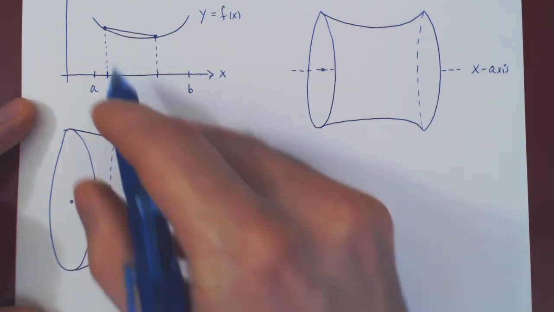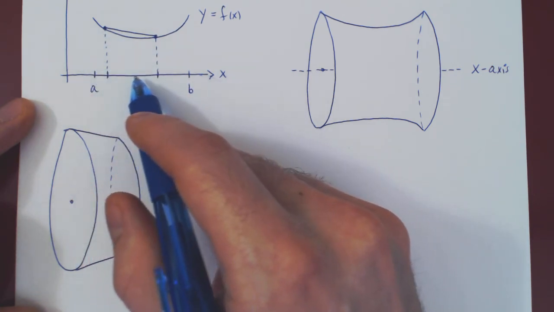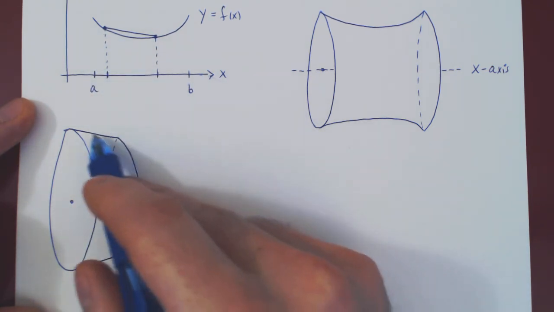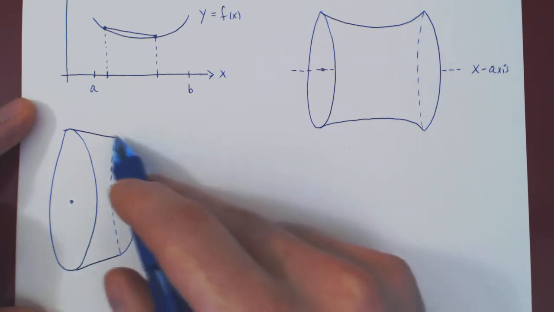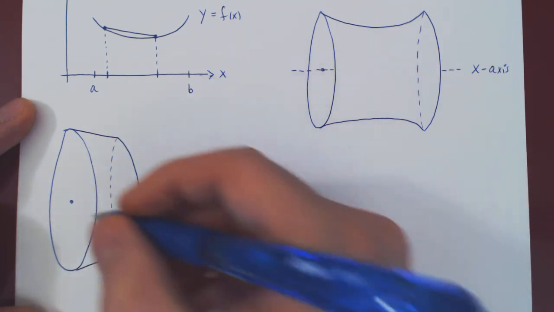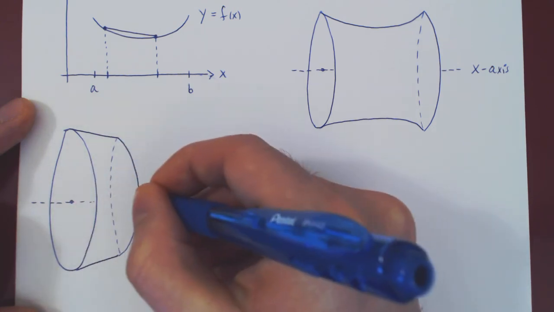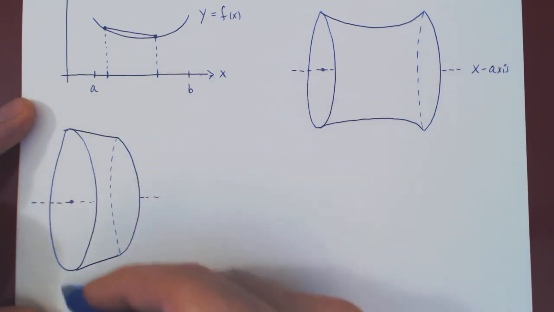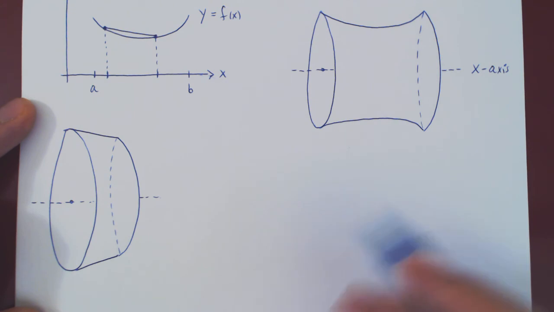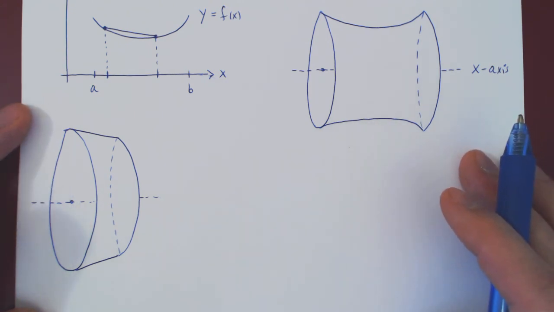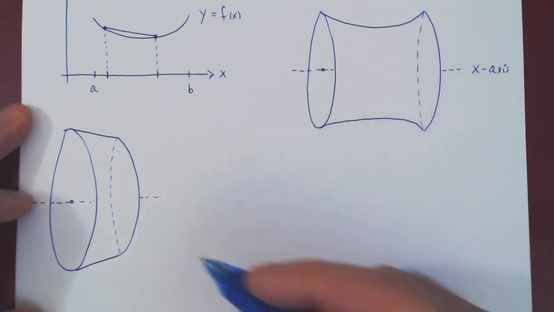But you can imagine that as we let the interval shrink to 0, this will become closer and closer to an actual cylinder. And again, the x-axis goes through this infinitesimal surface of revolution. And now let's look at the key measurements.